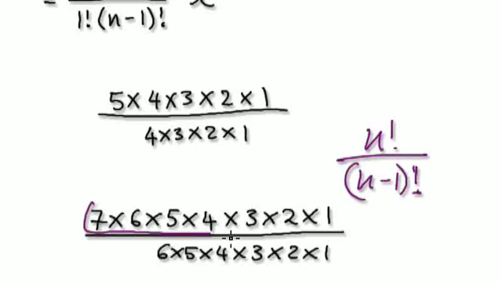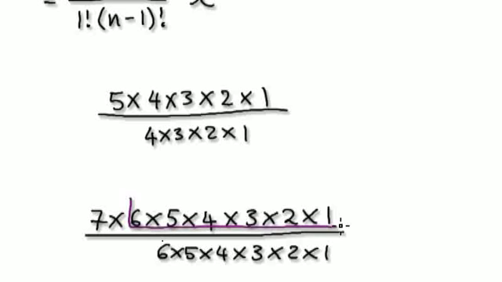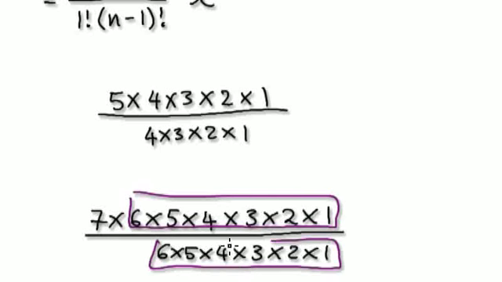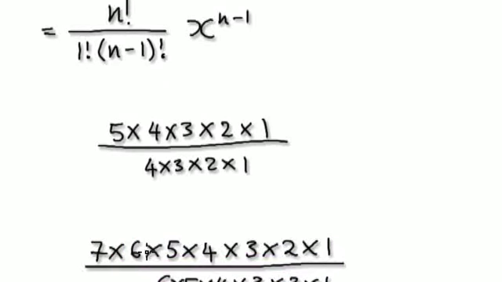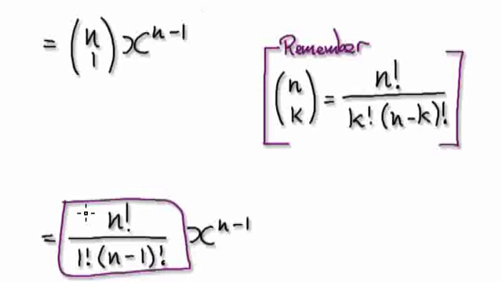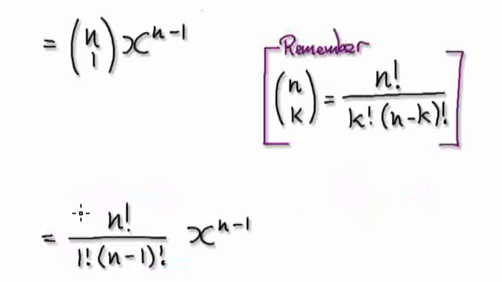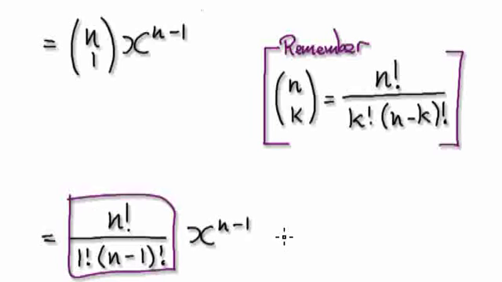That's 7 times 6 times 5 and so on, divided by this, and you can see that this gets cancelled out with this. So all that you're left with is the 7. My point is that this looks complicated, but we can forget about 1 factorial. Whenever you have n factorial divided by n minus 1 factorial, all that you're left with is really n. So this whole thing here is really n.